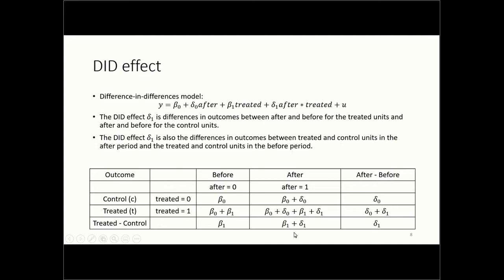Or alternatively, we could be taking the differences in a different way, which is taking the treated and the control. And so we would be taking treated minus the control here and treated minus the control in the after period. And then we could do the after minus before afterward. And then that would also be the coefficient delta 1.